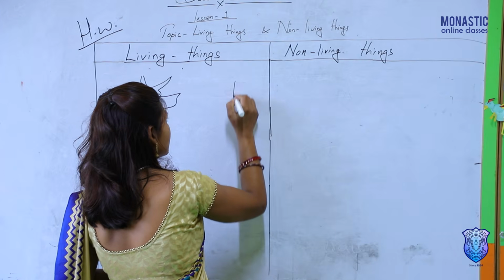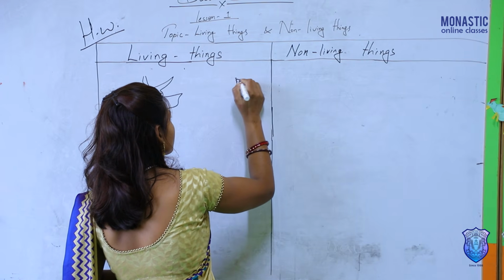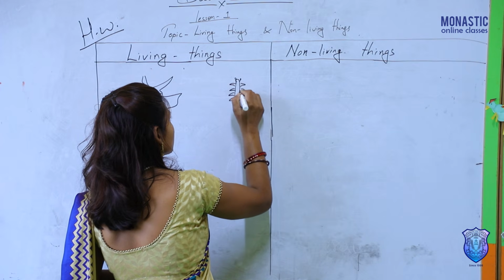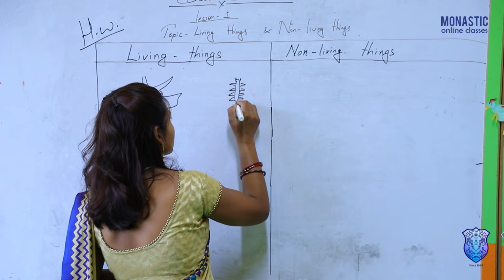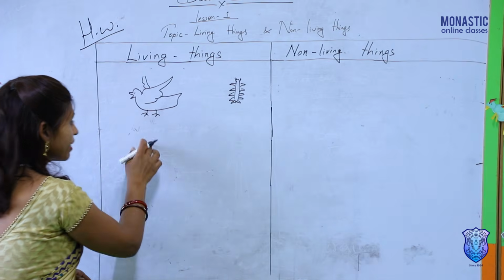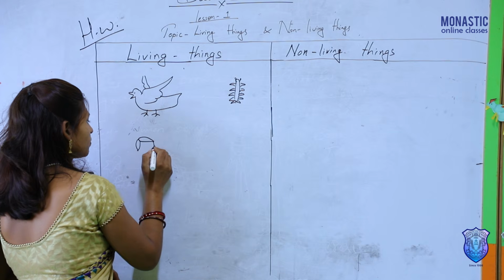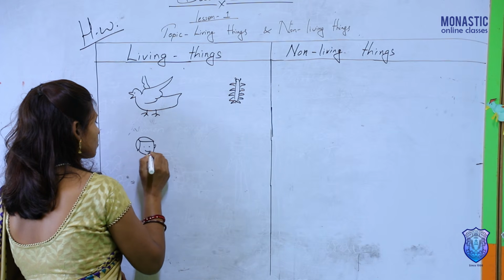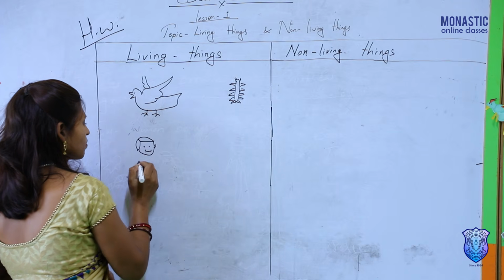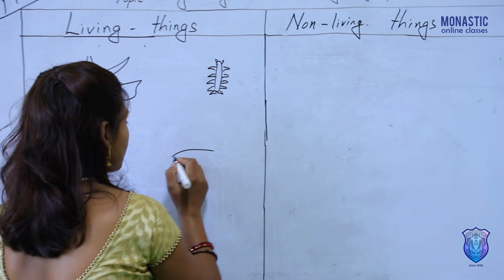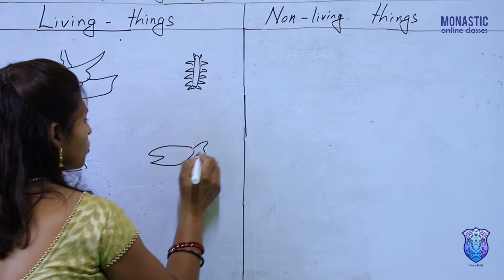It's a picture of an insect. Then more living things. A boy. Picture of a fish, a water animal. It is also a living thing.